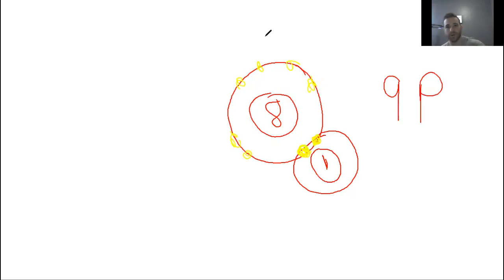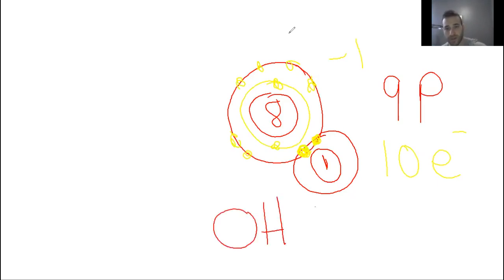There's one more orbit around, and it's got another 2. So if you count the number of electrons in this hydroxide ion, we got 2, 4, 6, 8, 10. We got 10 electrons and 9 protons. That means that you have a charge of -1. So that is why this is called the hydroxide ion.